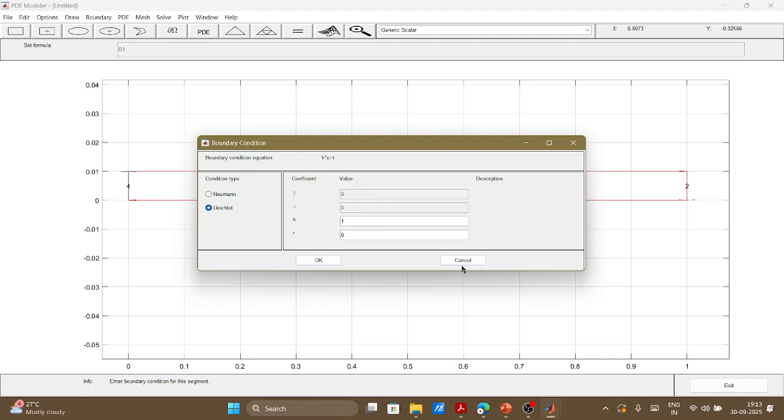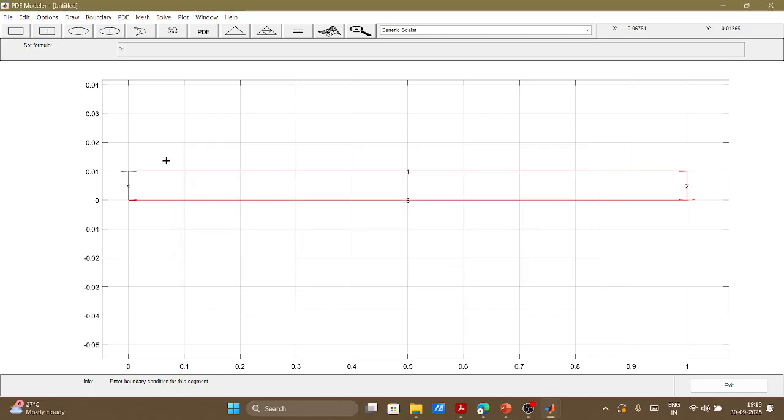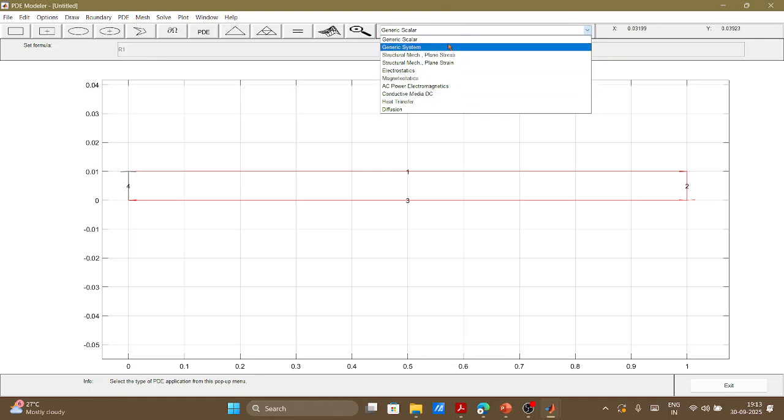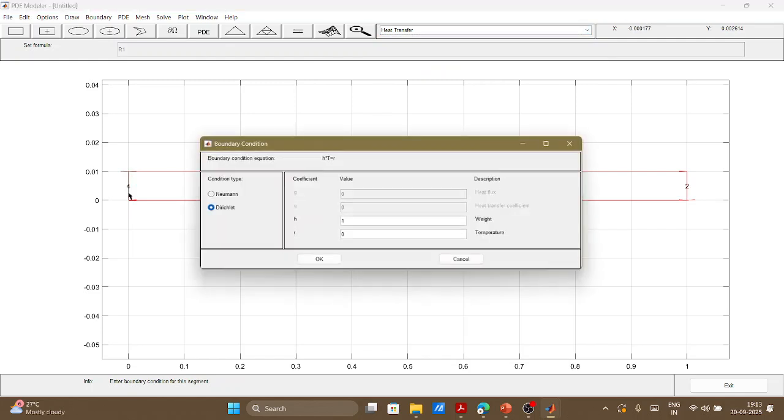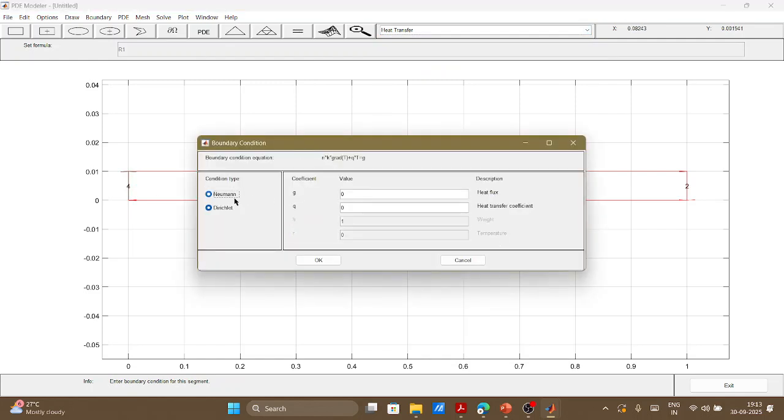One more thing here. If you just use the default value, you have various applications of PDE solvers available already. If you select a specific application, let's say the heat transfer part, all of your boundary conditions and PDE equation will be converted in terms of your specific problem, right?